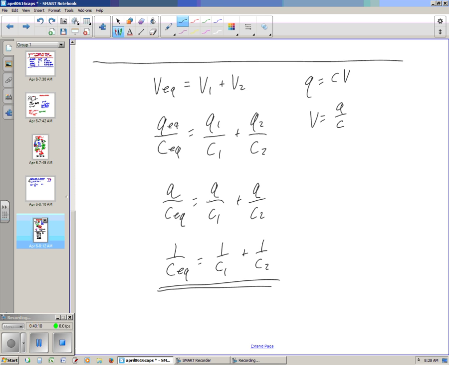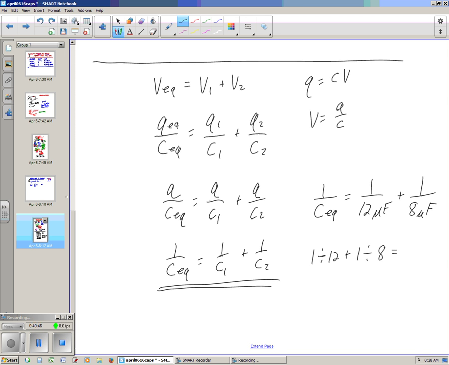It's a little tricky to do it by hand, so generally what you do is you do this in your calculator like so. You would write it as 1 over C equivalent, and then capacitor 1 was 12 microfarads, and capacitor 2 was 8 microfarads. And then on your calculator, you punch in the following: 1 divided by 12 plus 1 divided by 8 equals, no parentheses needed here.